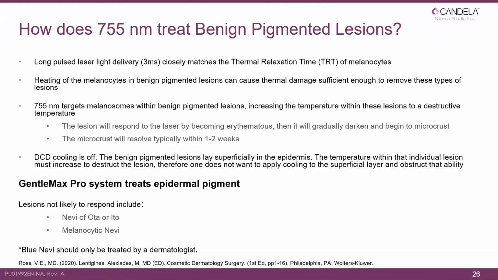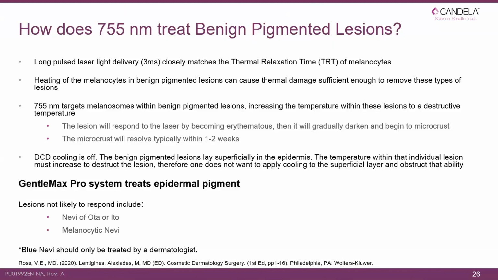So what you normally find when you treat is you fire your pulse onto the pigmented lesion and the lesion will become darker, and then it will produce a microcrust. And over the course of between 7 and 10 days, this microcrust will slowly come away, and then the pigment underneath will be lighter.